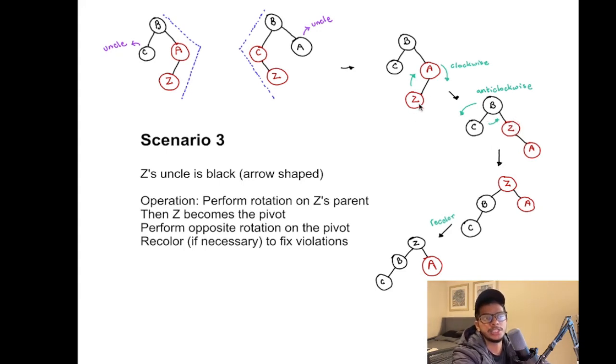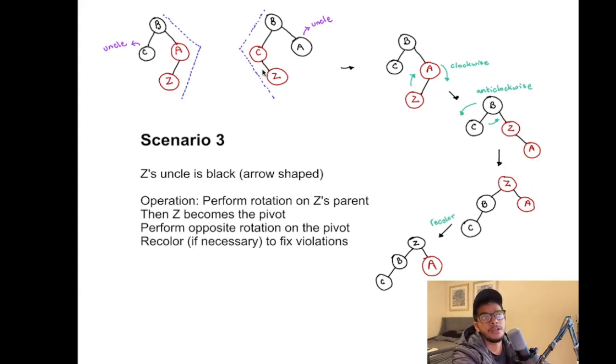So Z was initially the child, but after the first rotation, Z's parent is now B. So we perform the opposite rotation, because here we performed a clockwise rotation in the first step. We are going to perform an anti-clockwise rotation in the second step, right? So now the entire chunk over here will become the left subtree of Z.